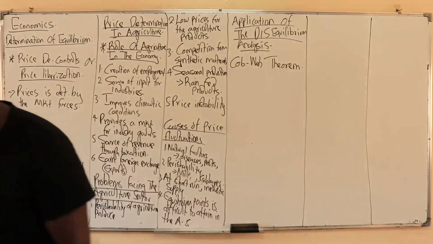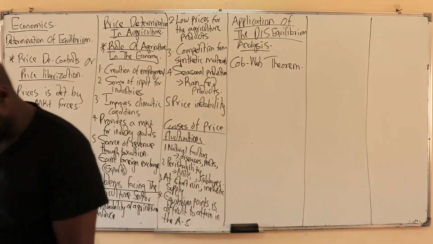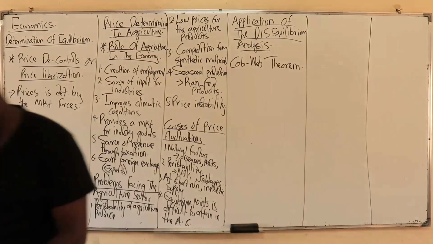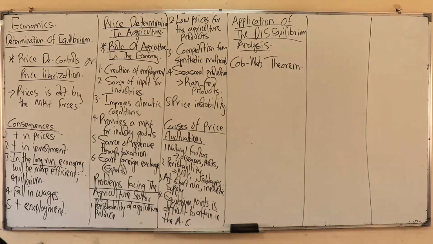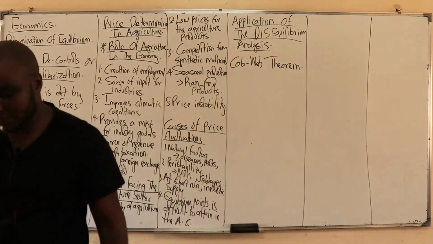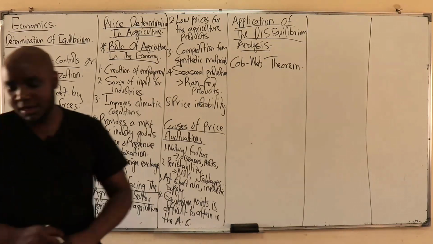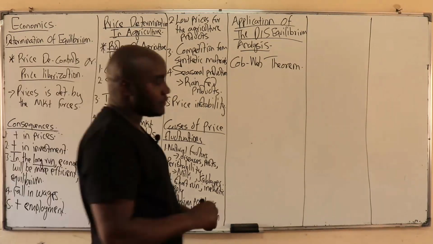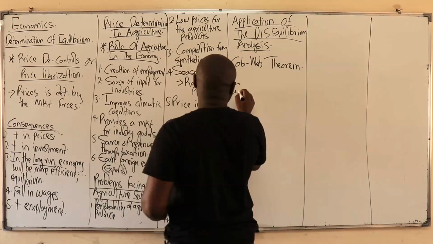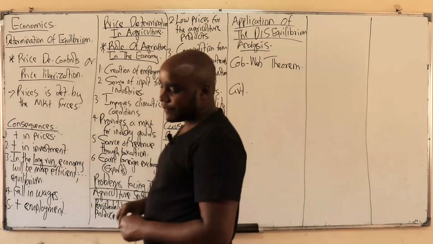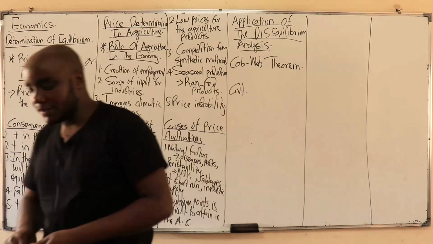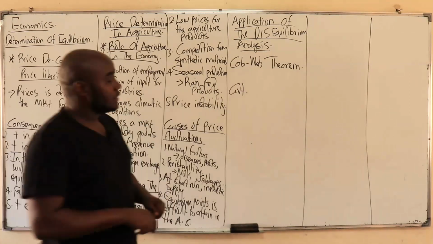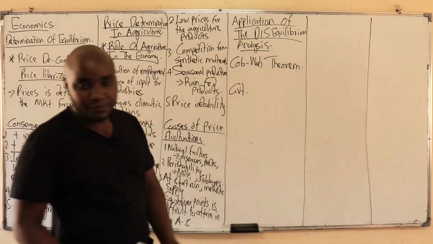We are finalizing by talking about government actions to stabilize income and prices of agricultural product.